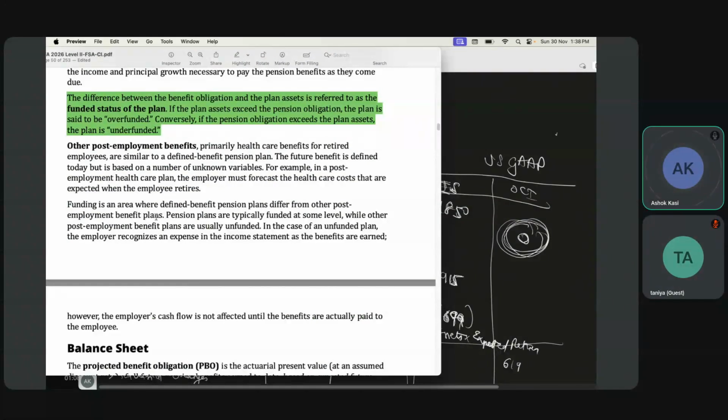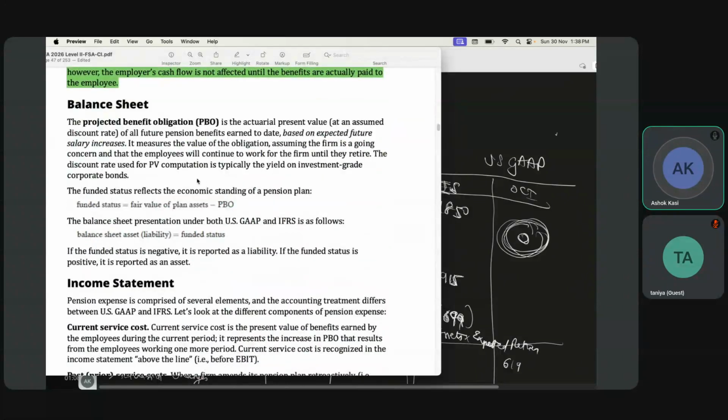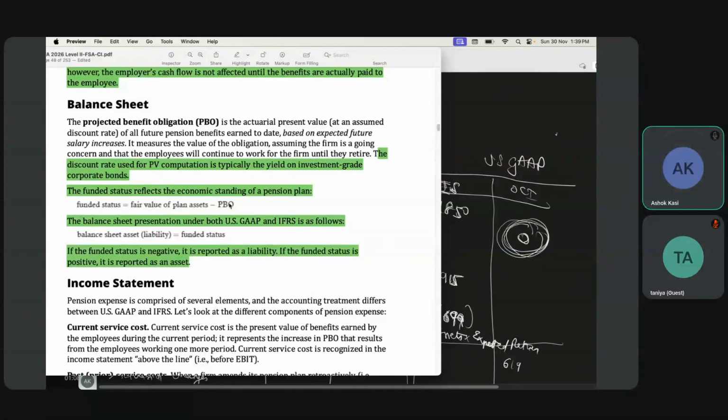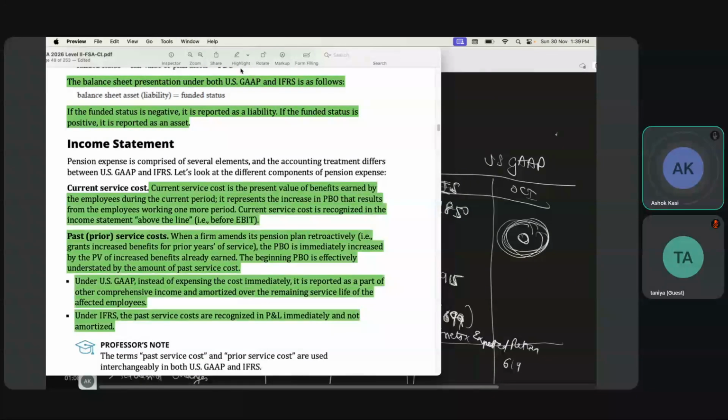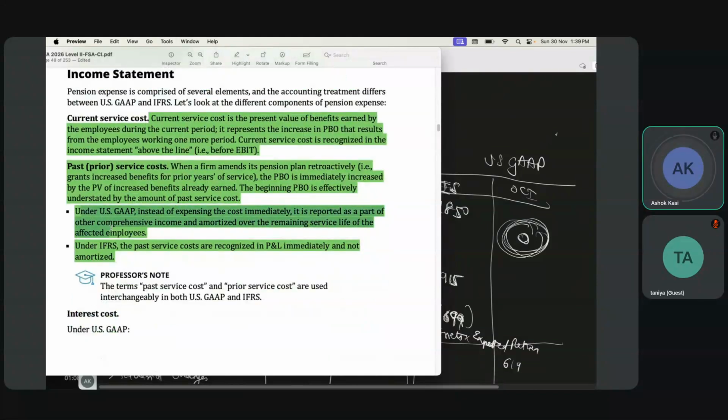This one. This also you should read. And this as well. This kind of questions they prefer asking under IFRS, under US GAAP.